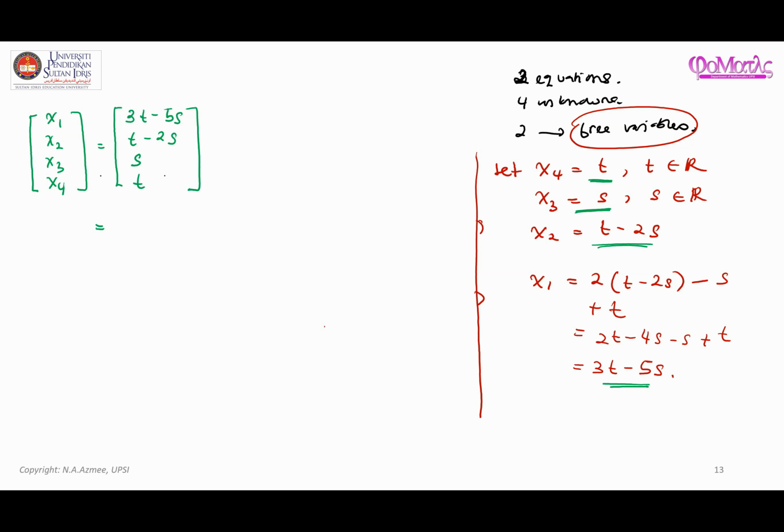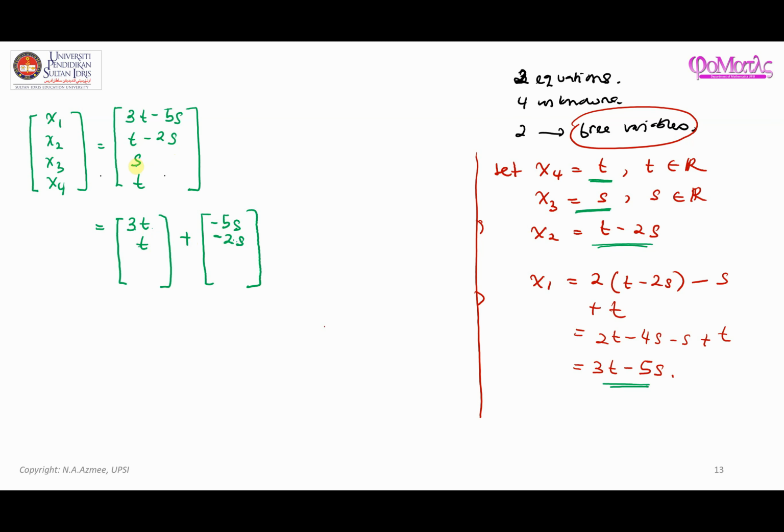So it's a combination of t and s. So we can write it down in terms of 3t plus negative 5s. When you have 3t plus negative 5s, you will get the result 3t minus 5s, right? And similarly, for this part here, it will be t plus negative 2s, so you will get the result t minus 2s.